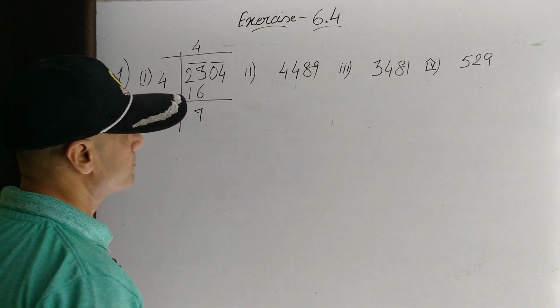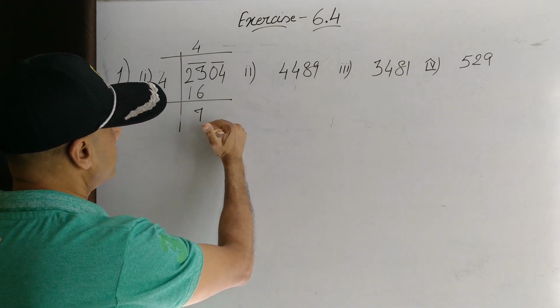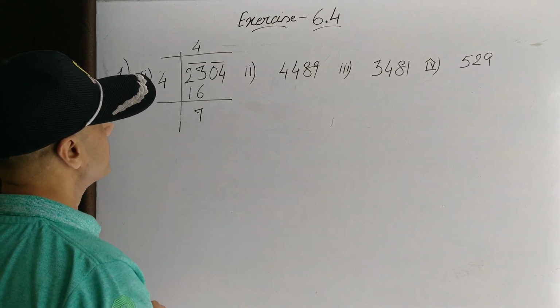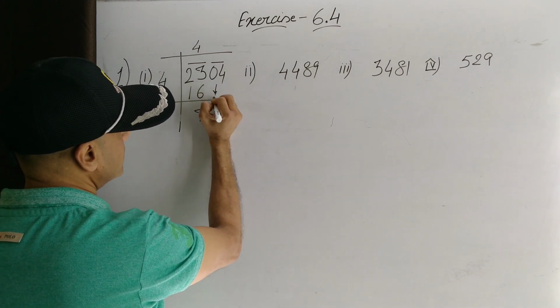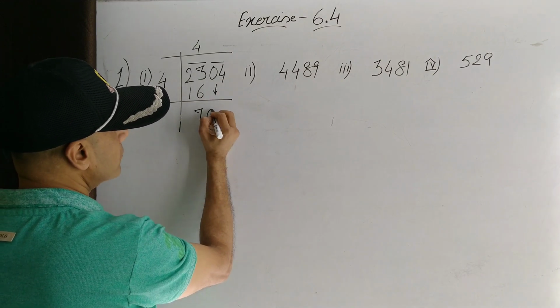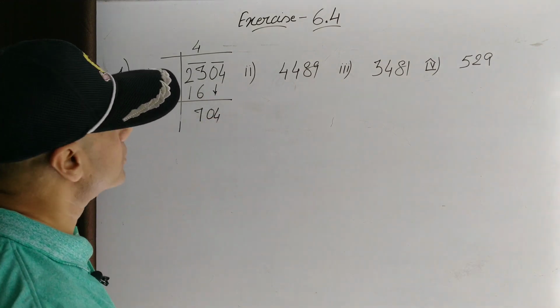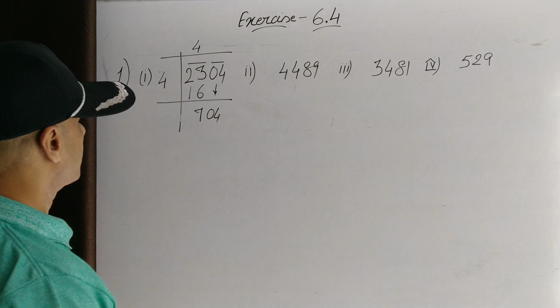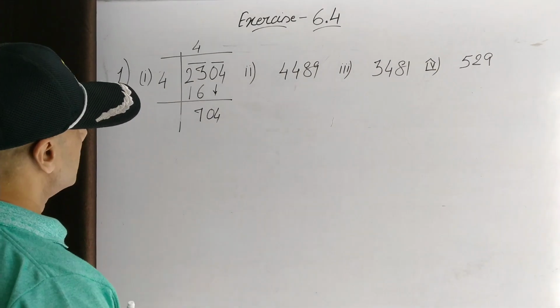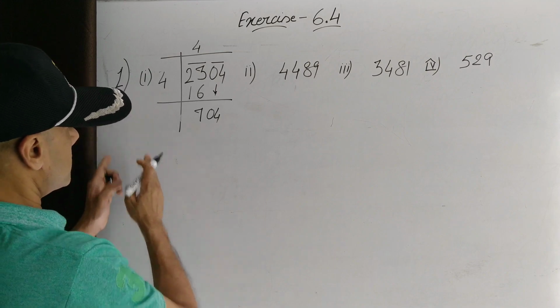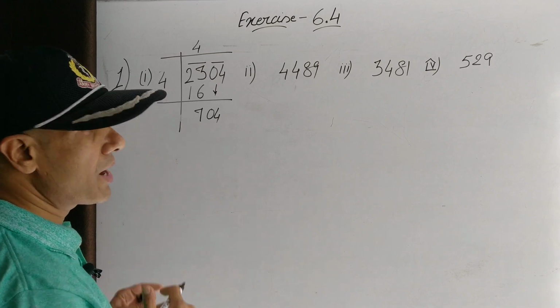Now in the next step we have to find the next dividend, which will be the next pair, brought down. So we'll get 04 down, and we'll have 704 as the new dividend. Now we have to decide the divisor. The divisor in this step and henceforth will have two components.